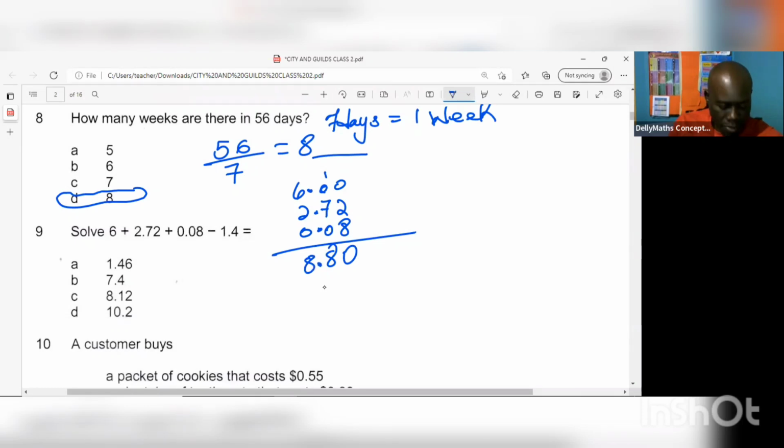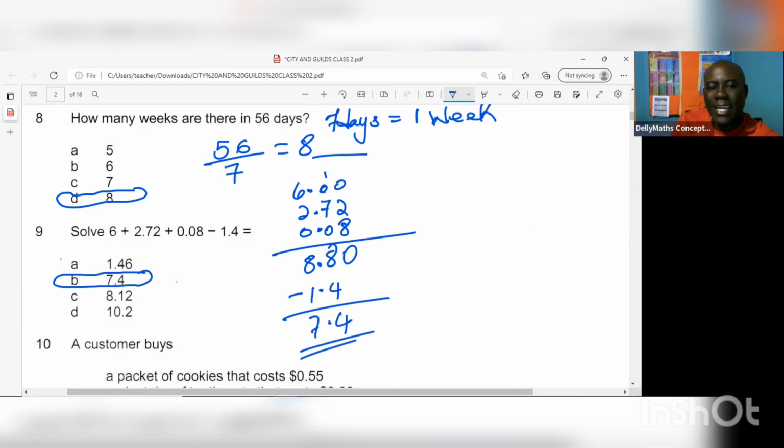So when we add up the 6 plus 2.73 plus 0.08, we'll get 8.8. Subtracting, we're minusing. So this is going to give us 7.4. So 7.4, we're subtracting, not adding.